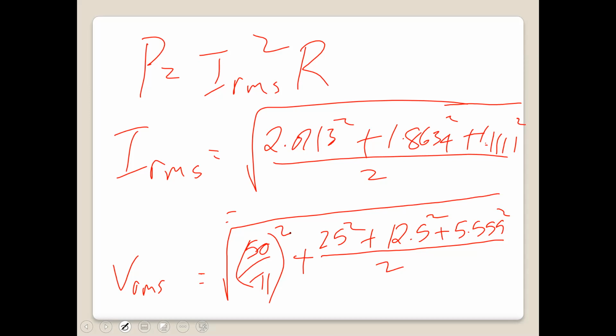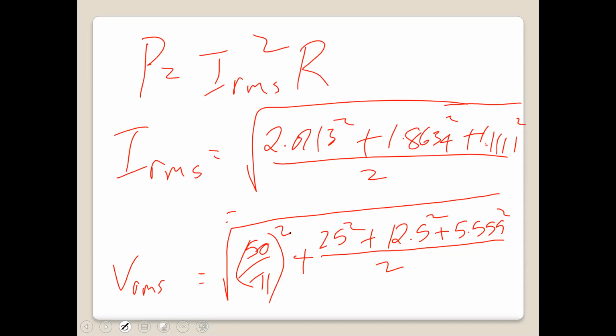All right, gentlemen? Yes, sir. And I'll just use that to find the rest of them, the powers. Yep. So from that, of course, you can find the power factor, which means that if you know the power factor, you can find S. If you know the power factor, that will be cos phi.